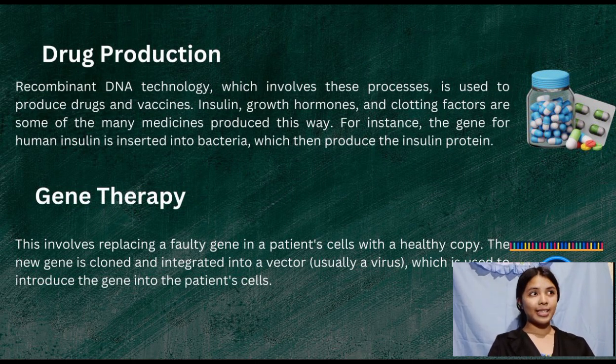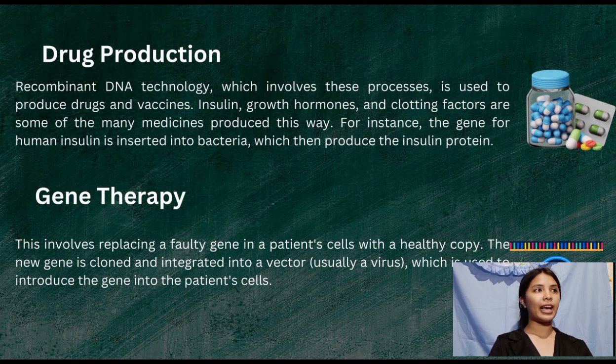The process involves inserting a human gene, such as one for insulin, into bacteria or yeast cells, which then produce the protein that the gene codes for.